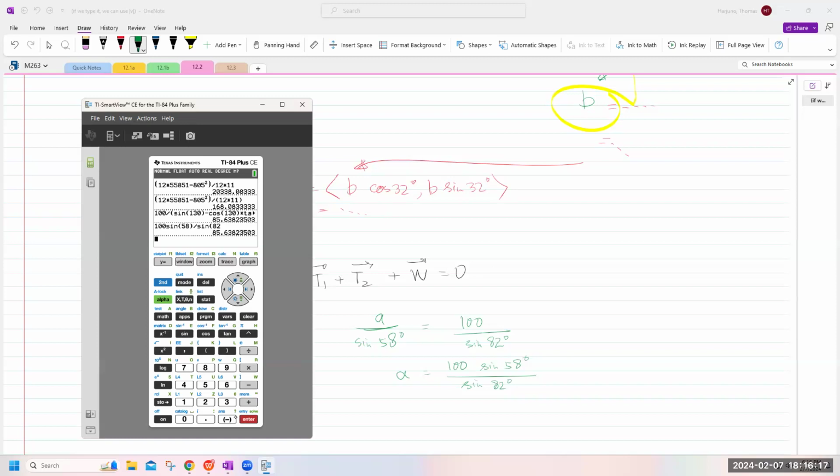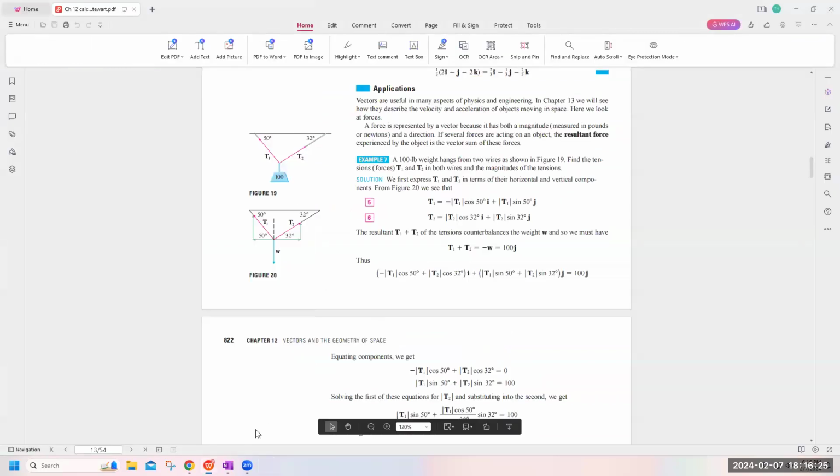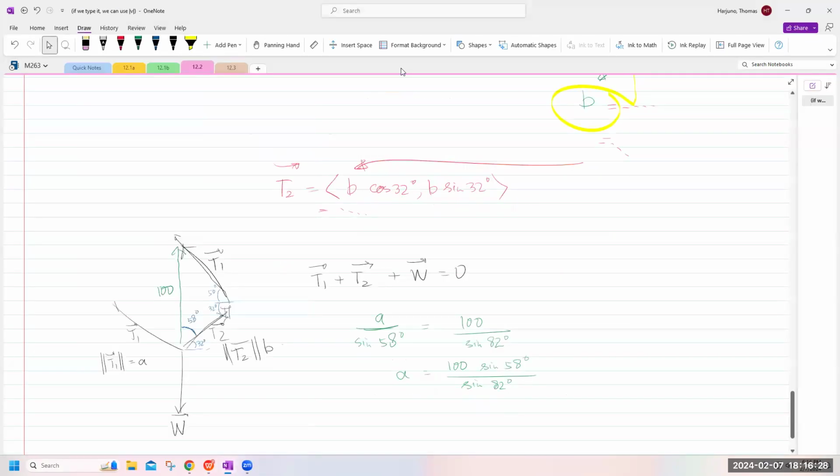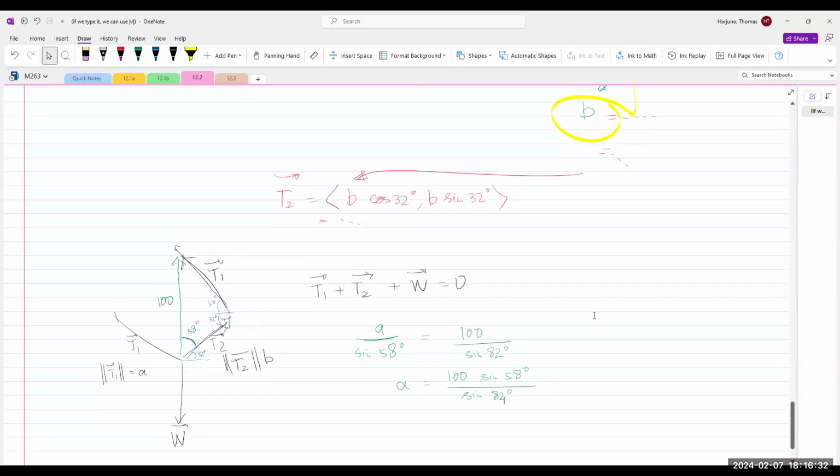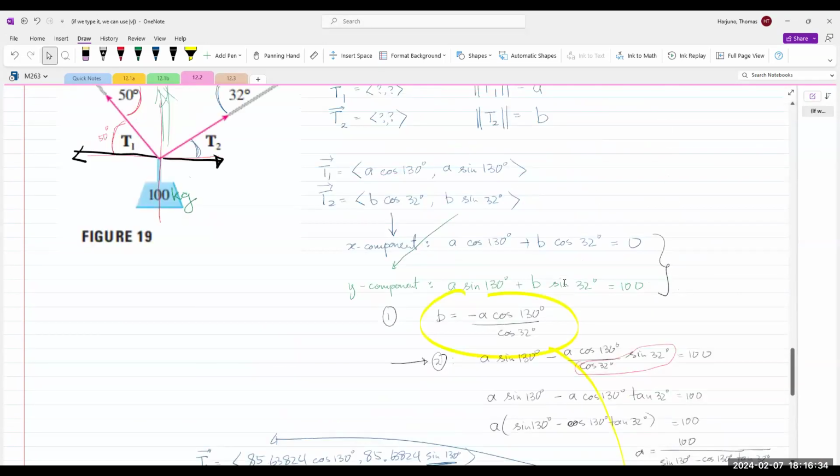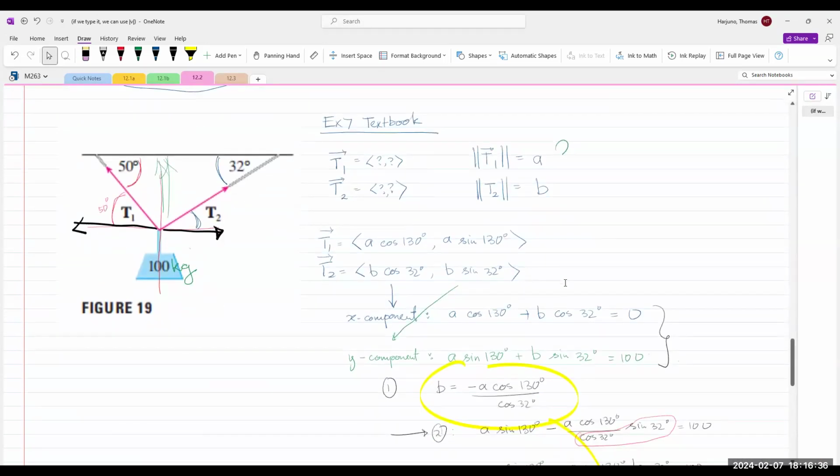But the second way of doing it did not break it up into the components, which is not the purpose of that example. The purpose of this example is to make use of how we decompose the vector into x and y components and how these components work together.